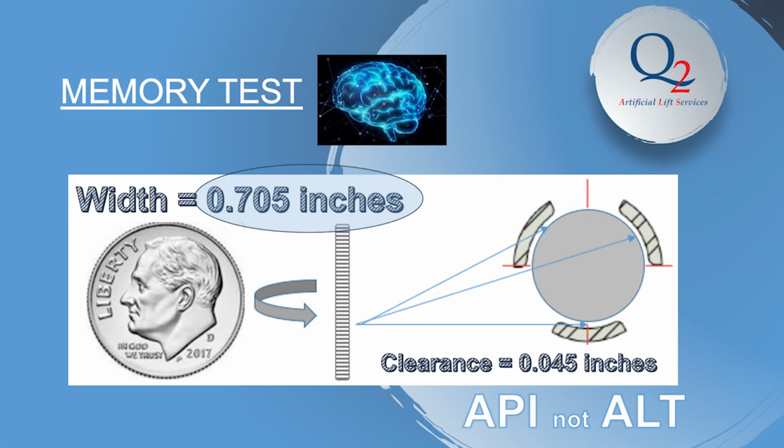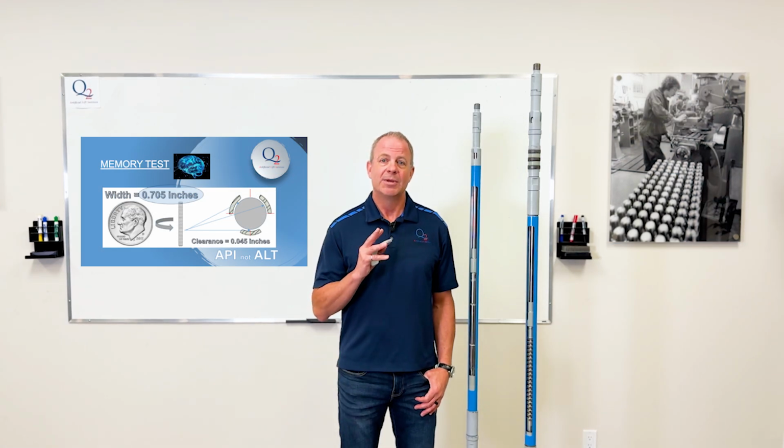I'd like you to remember the width of a dime is 0.7 inches, which is 7/1000ths of an inch. The width between an API ball and the rib of the cage is 0.045 inches, or 45 thou. This is the area where the solids get trapped inside of our cages. So this is for API balls.